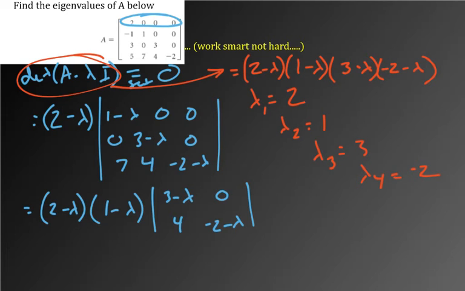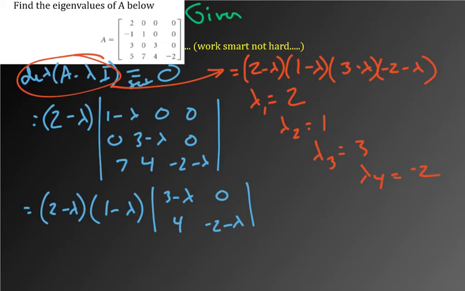But the important takeaway that I want you to see is 2, 1, 3, negative 2. I wrote it in a diagonal on purpose. If you have one of these triangular matrices, the eigenvalues will always just be the diagonal right there. So I'm just going to write that. That's the important part.